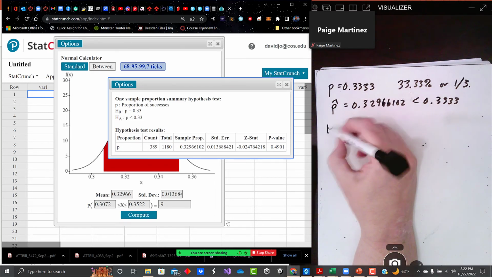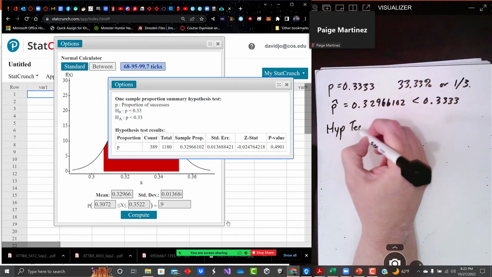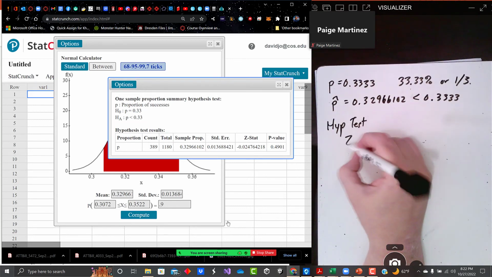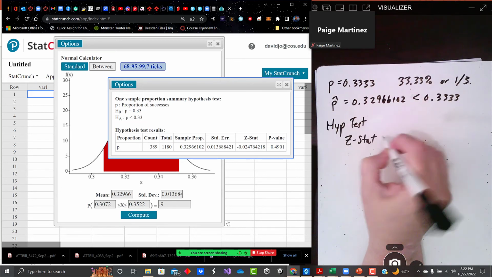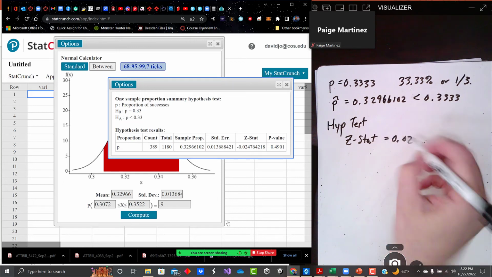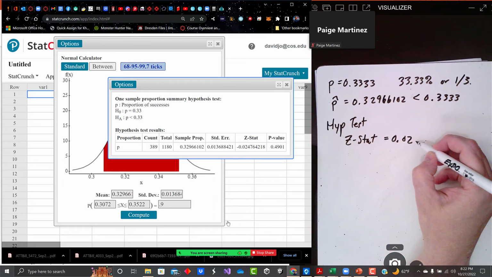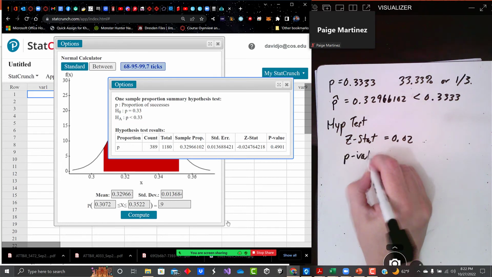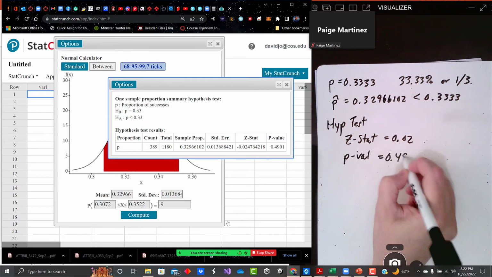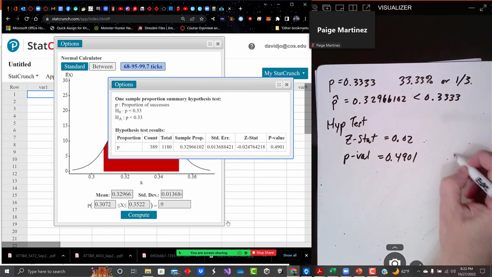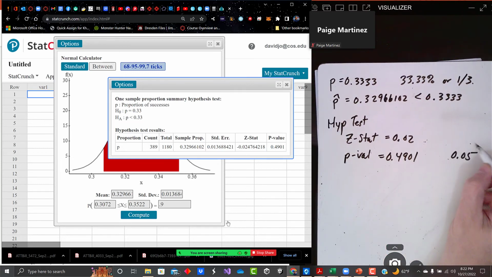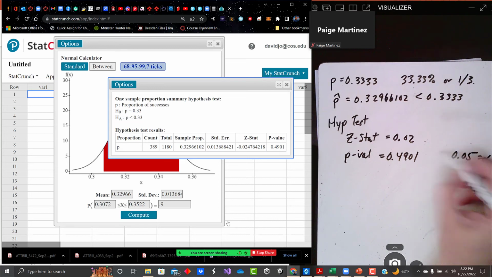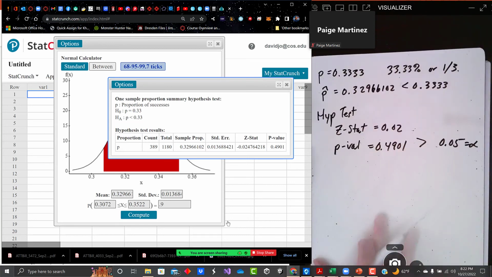And now our hypothesis test, the z-stat is negative 0.02, and our p-value is 0.4901. And if we compare that to alpha, it's greater than alpha.